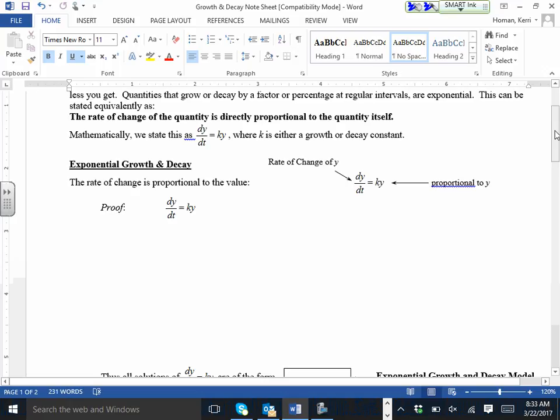So in this case, since this is dy over dt, t is our second variable. All right. So we are going to move the dt over to the other side, but then we want the y over with the dy. Do you agree? Agreed.